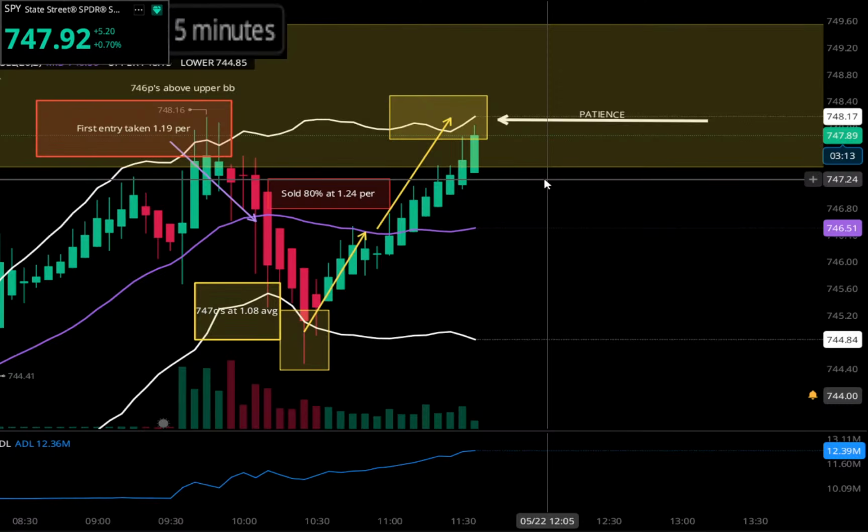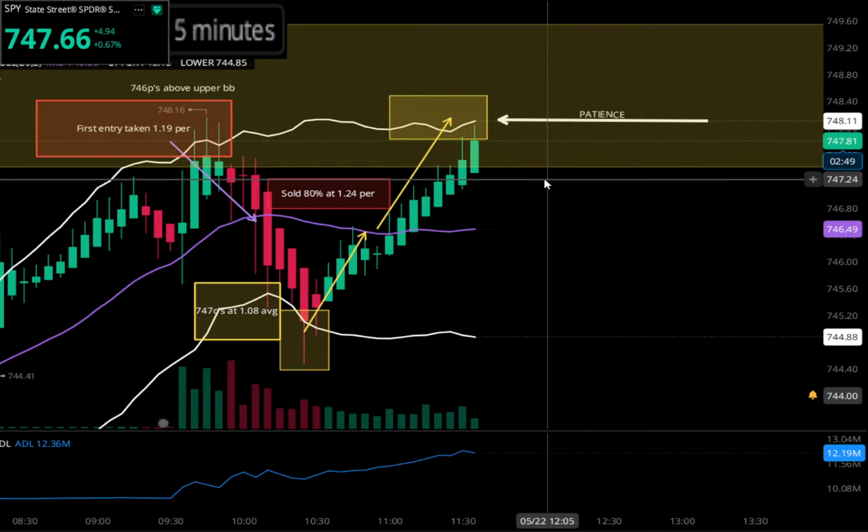So the upper Bollinger is currently at the 748.15. So it's literally right at our exit level, which means that I am now starting to put my hand on the 746 puts again and getting ready to set up a buy order.